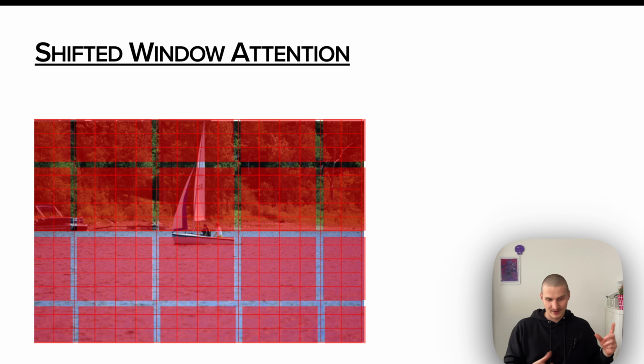So first of all, if we had this person who somehow got in the middle of the window, so half the person is in one window and another half of the person is in another window, then this shifting will solve the problem, because now on the shifted window, the person will definitely just be in one window and the attention will be properly computed.